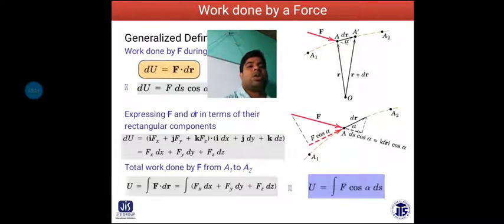So total U is equal to the integral of F cos alpha ds. Here, in this figure, F cos alpha is the component directly or indirectly applied at a point where the total force is acting at a certain angle.